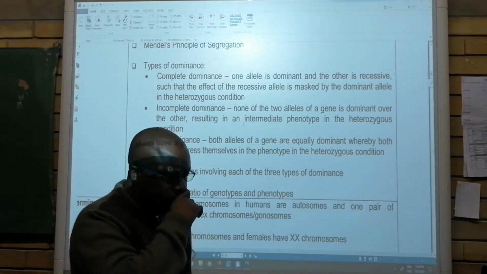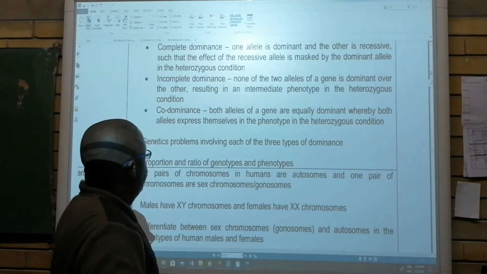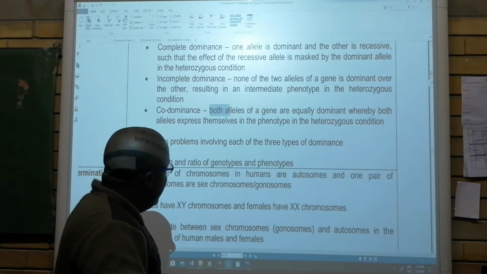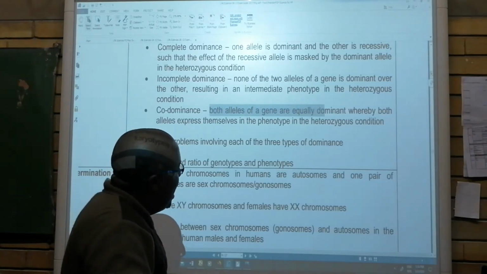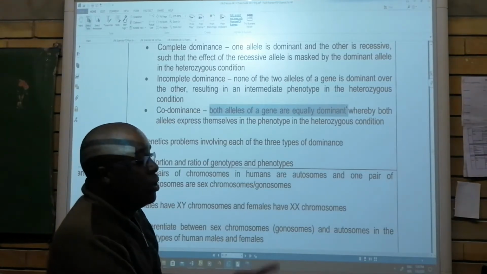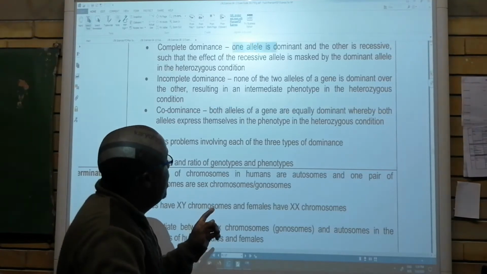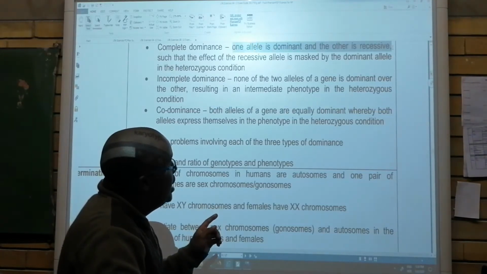We're done with that. And now we're going to look at codominance. So what is codominance? It is when both alleles of a gene are equally dominant. Let's recap. Complete dominance: one allele is dominant and the other is recessive.